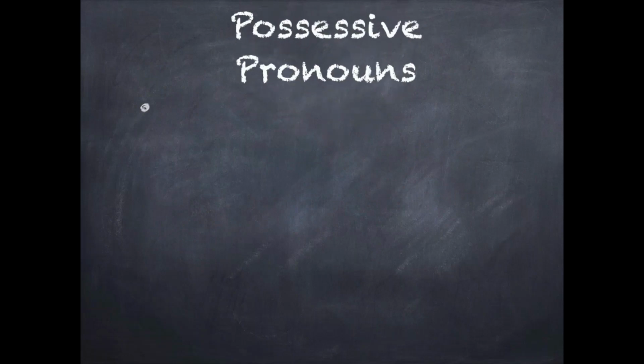Let's take a look at some examples. Possessive pronouns. We have its, I-T-S. Remember, no apostrophes because these are pronouns. These are not contractions. Your.